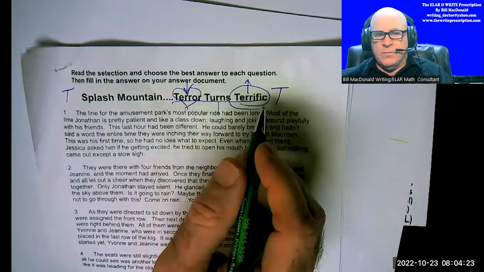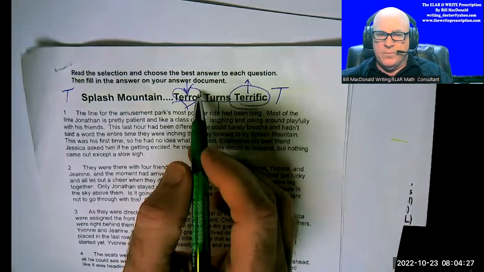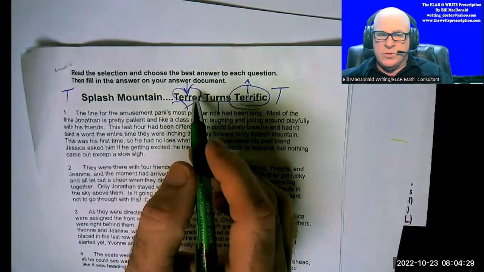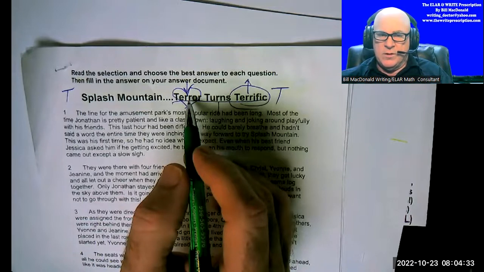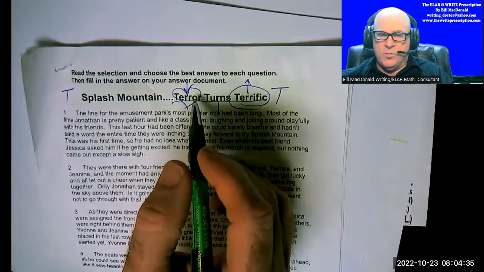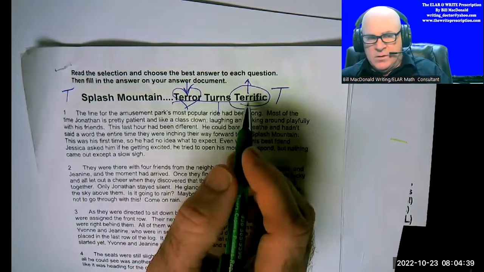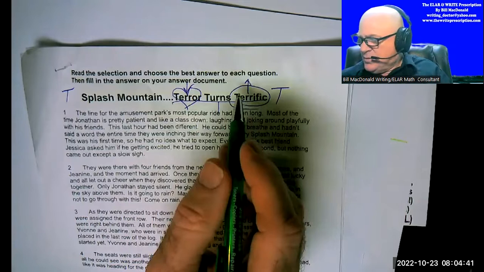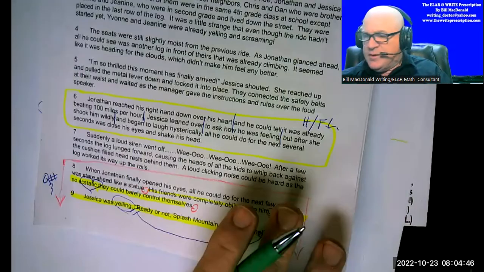So because the main focus of the story is about Jonathan, it's about his emotions turning from terror, emotion, heart, to terrific, opinion, head. Title, topic. Okay. So that was paragraph 8.